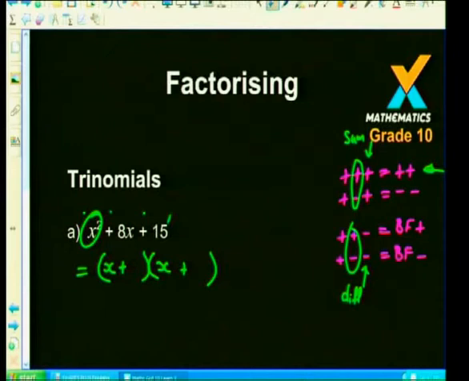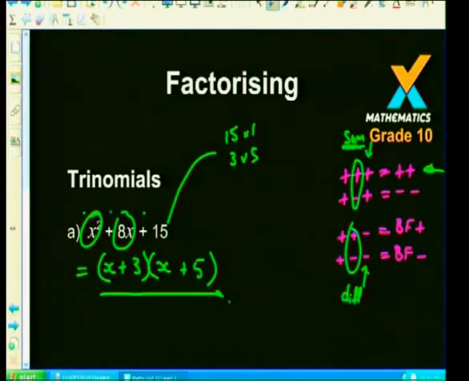Now what I do is I look for the factors of 15. Well, 15 times 1 and 3 times 5. And if I remember, I'm looking for the sum of factors to give me my middle term. Well, does 15 and 1 give me 8? No, not a chance. So we're going to have to land up using 3 and 5.